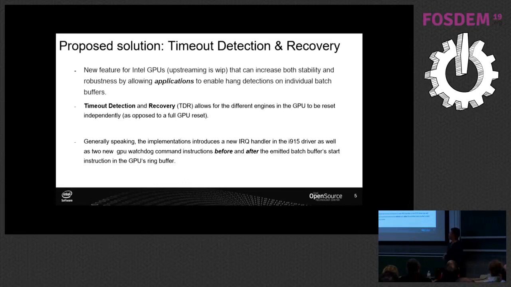So that is the main thing that we are bringing here. From the application side, you can check early on whether the batch buffer that you're sending is causing the actual hang. Whereas before, when we realized that we were hanging, it was already too late in the pipeline.